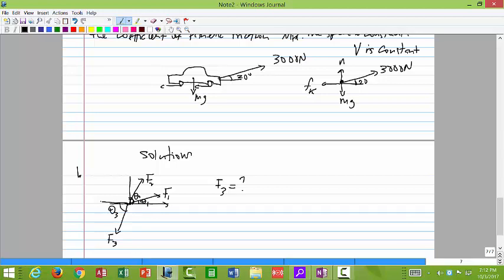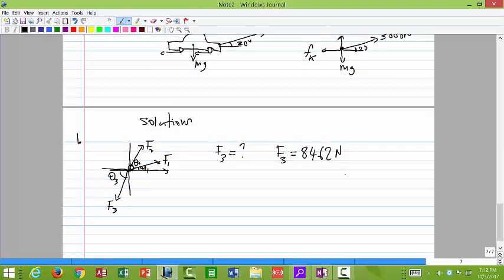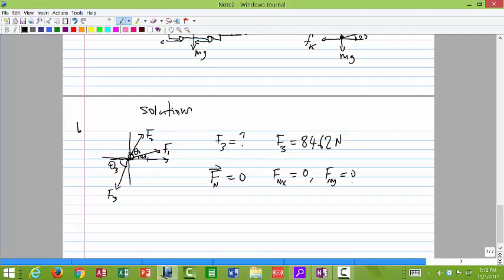Okay, so what is F3? 8462. Okay. So then the condition for equilibrium is that F net equals 0. So we can say that F net x should be equal to 0 and F net y is equal to 0. Okay.